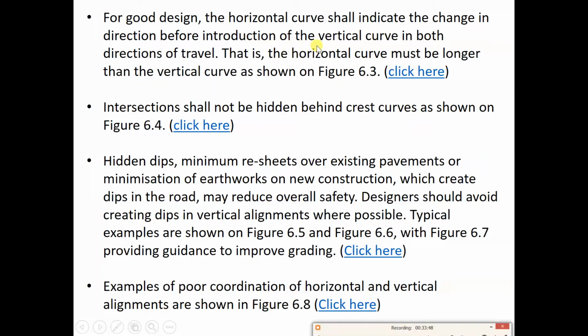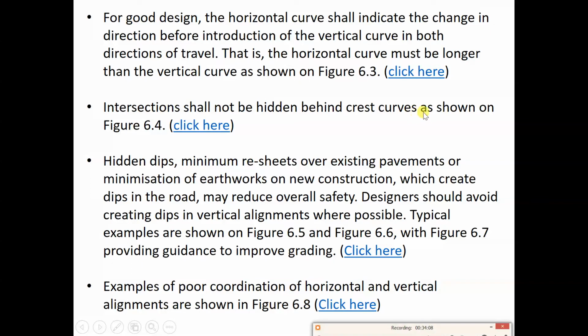So for good design, the horizontal curve shall indicate the change in direction before the introduction of the vertical curve in both directions of travel. That is, the horizontal curve must be longer than the vertical curve, as shown in the figure.